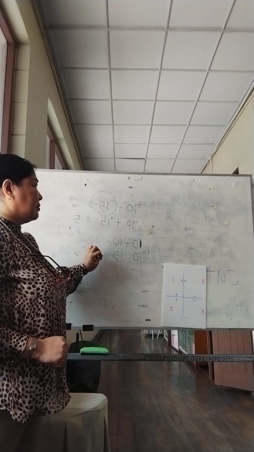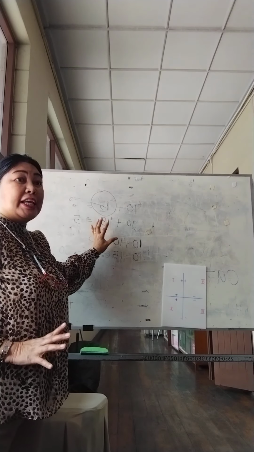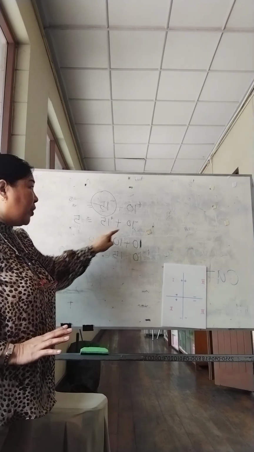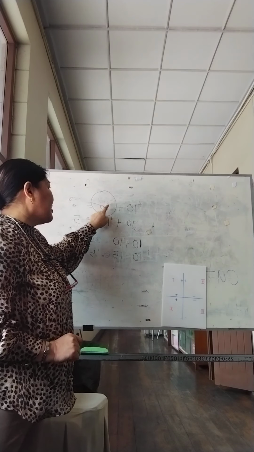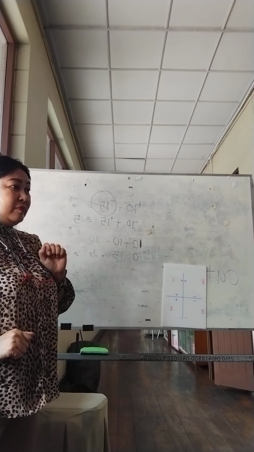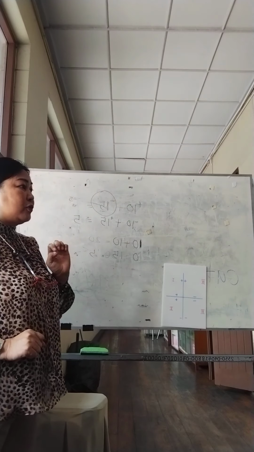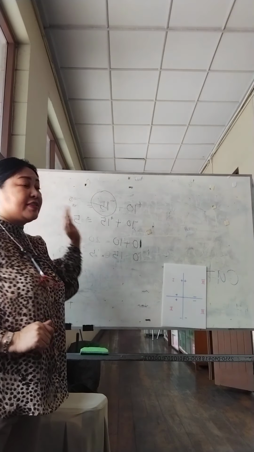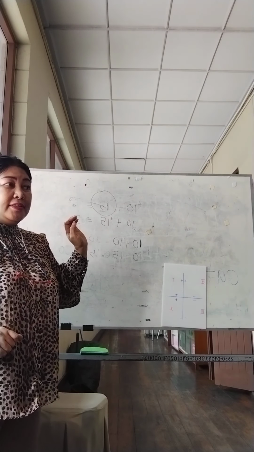What did you learn? What did the teacher explain to you about this? We have to change the first or the second to follow. Which sign do we have to follow, the first or the second? First.